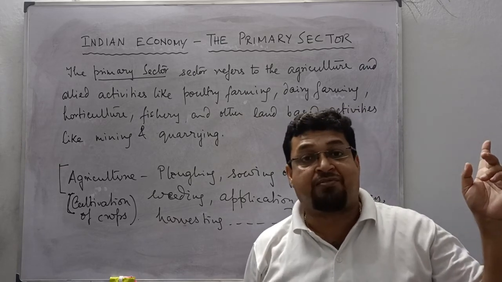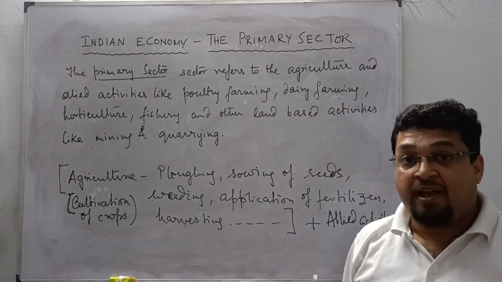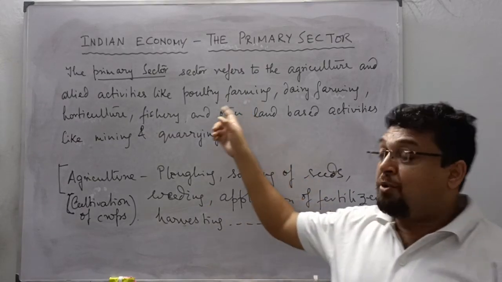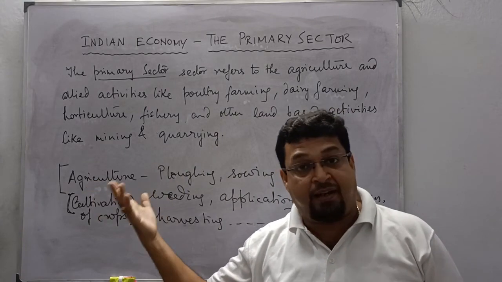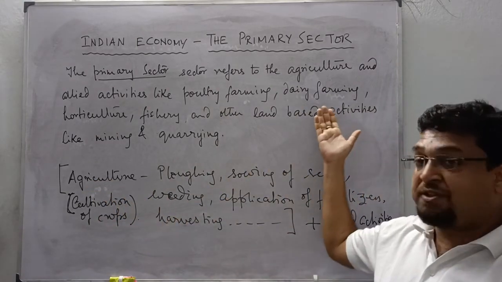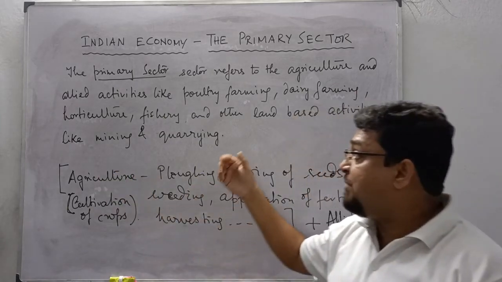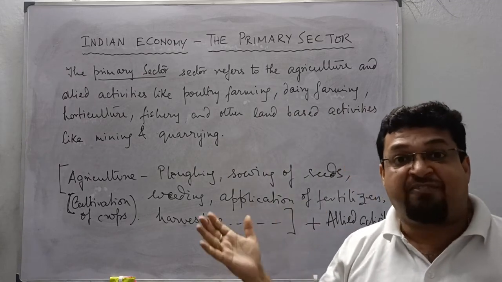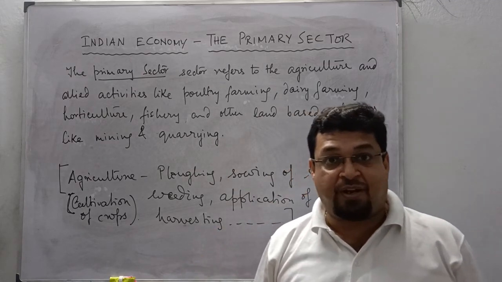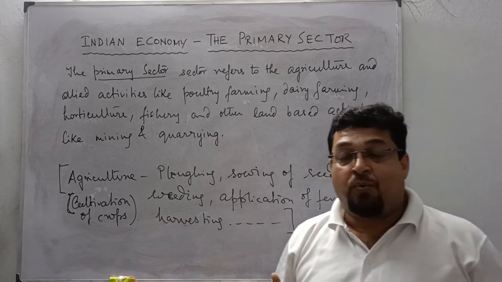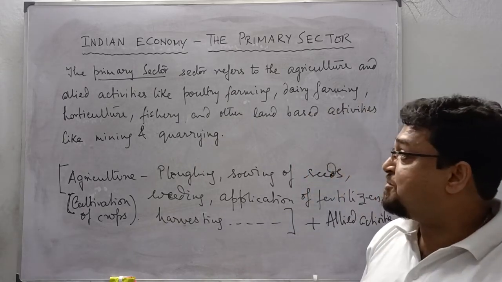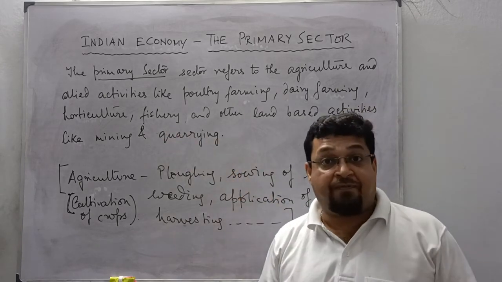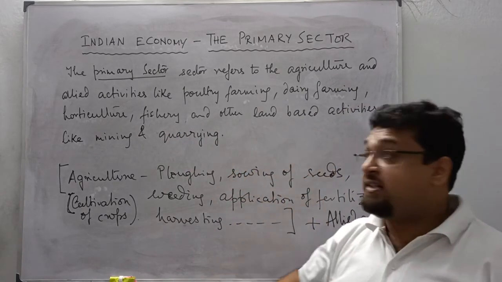So we have poultry farming, cattle rearing, dairy farming, fisheries, and horticulture, with decorative plants and medicinal plants, and the cultivation of such crops. Fisheries we are quite familiar with, and there are other land-based activities like mining.